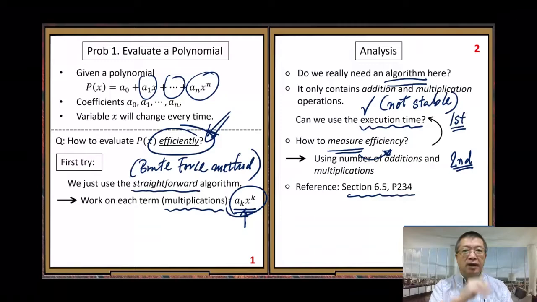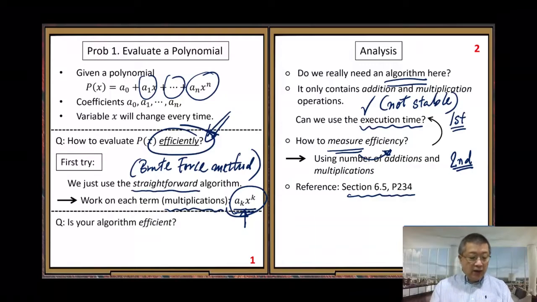So I need that impressive algorithm in our Module 1 to give you a good impression. The question is, is your algorithm efficient? Here we assume we have solved this problem, because we know how to find the answer. The next question we need to ask is, is your algorithm efficient?